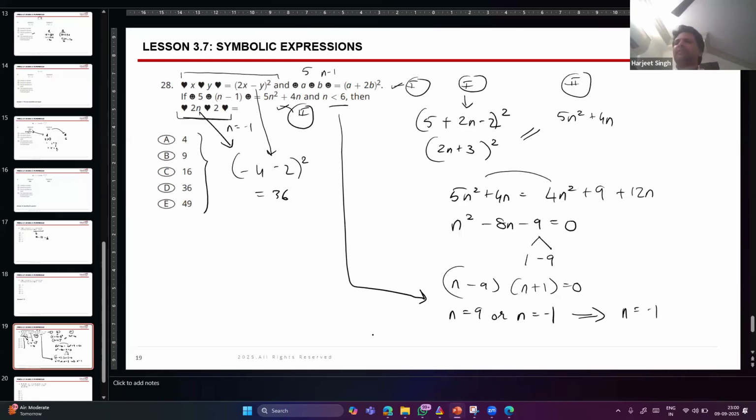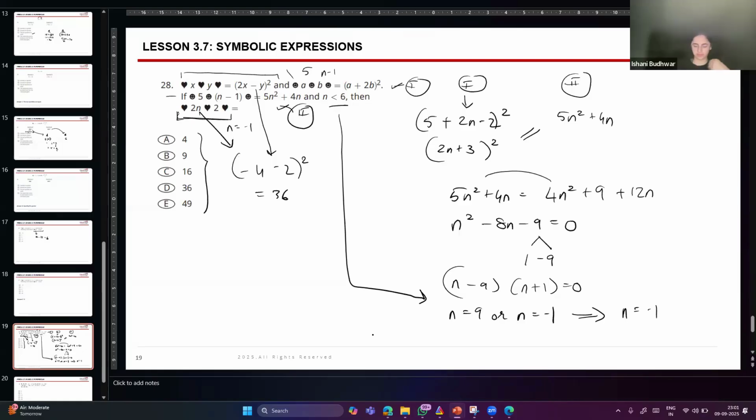So once again, how are we solving this? We realize that the expression asked is in terms of some numbers, which means n should be known to solve this. So we do not simplify this first up, but we use the other two equations. We know that both of these symbols look the same in the same order. So equate.